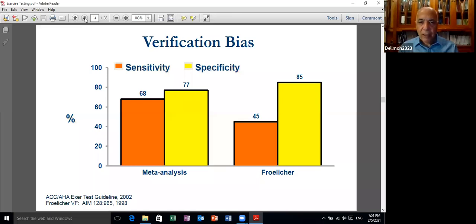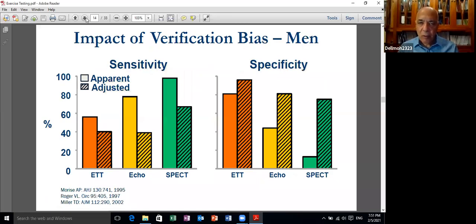So this applies not only to the exercise ECG test, it applies as well to exercise echo. And the exercise ECG test, you will find if you correct it for the verification bias, it's decreased. The non-corrected sensitivity.